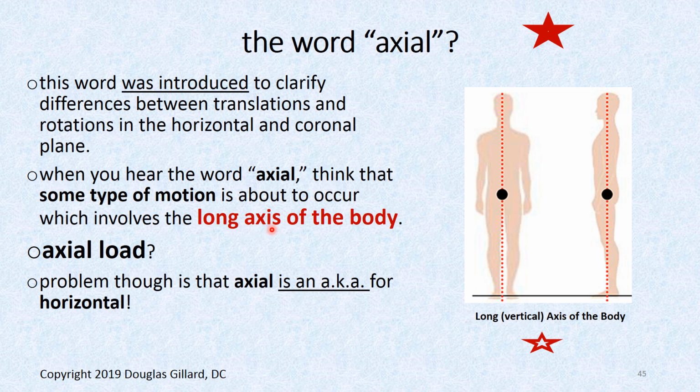It's just the spine. It's the y-axis. But again, it's confusing because it's an AKA for horizontal. So somebody didn't realize their AKAs, I think, when they designed this system. The problem is axial is an AKA for horizontal, so it kind of messes things up a little.